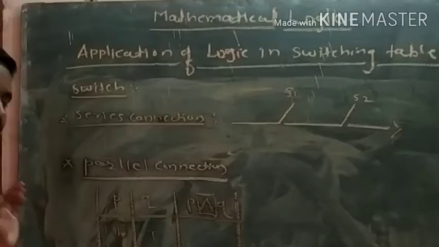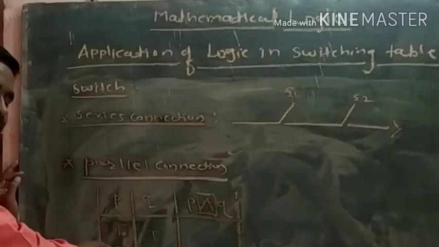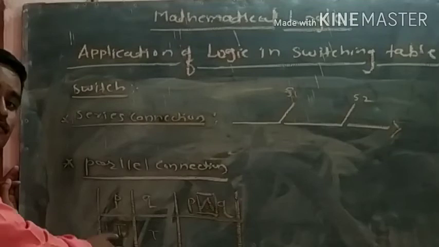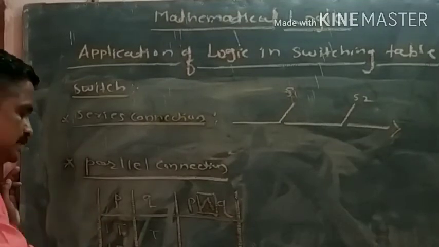That means 1 denotes the switch is on and 0 denotes the switch is off. So 1 and 0 are nothing but flow values.